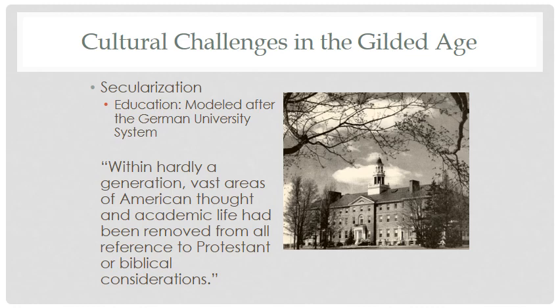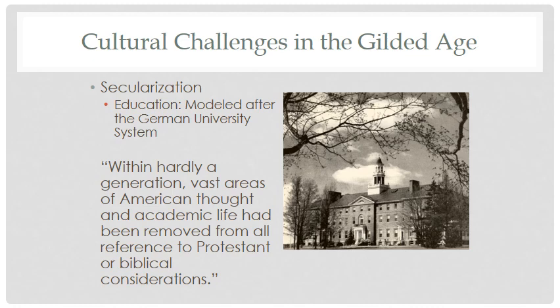But as the German European university model becomes sort of the standard for the university, American institutions want to model themselves after that, and you see a big change in the mission and the leadership of American institutions.